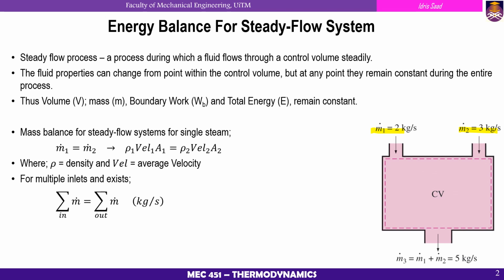In other words, the mass entering a particular inlet must remain unchanged. Therefore, the flow is steady since the mass flow rate for each inlet remains constant. Steady flow is only considered at a particular inlet. Therefore, although in this system we have two inlets with different mass flow rates, the steady flow only considers each inlet. So, I do hope that you all do not get confused about this.